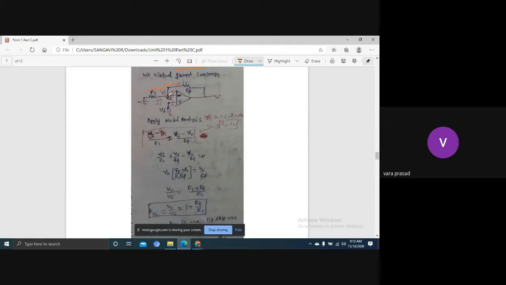Apply the nodal analysis here: 0 minus Vi by R1 plus Vi minus V naught by Rf.